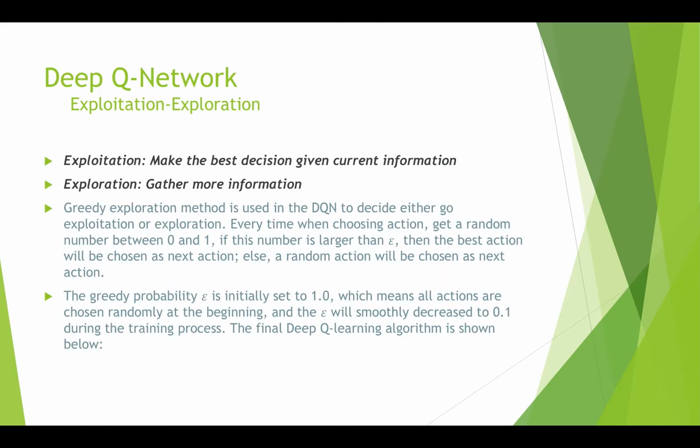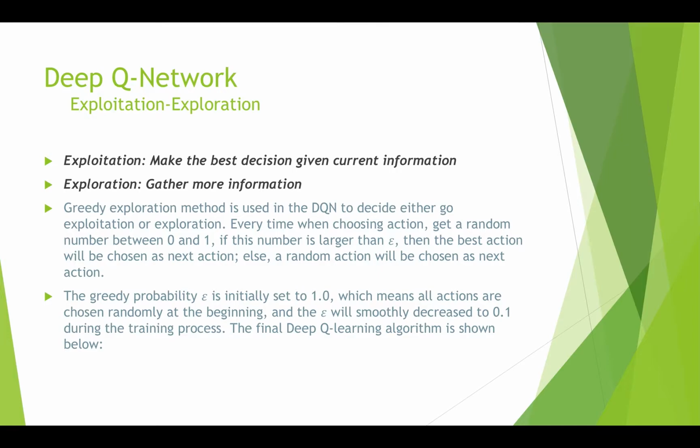The third trick is exploitation and exploration. Exploitation is making the best decision given the current information, and exploration is gathering more information. The epsilon-greedy exploration method is used in the Deep Q network, and there is an epsilon, which is a probability defined in the DQN. Every time we need to choose an action, firstly we get a random number between 0 and 1.